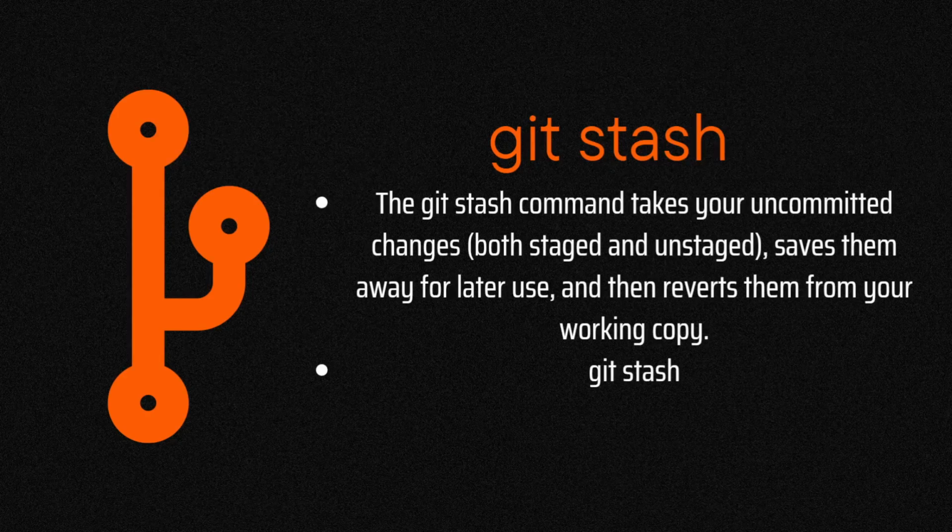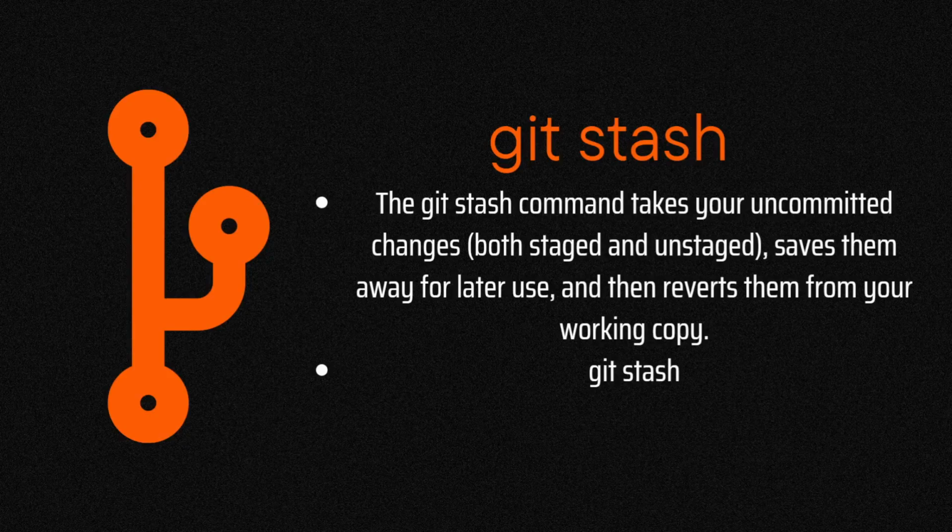So git stash basically will take all the files you didn't commit yet and remove them to the stash. It's a specific place where those files will be stored.